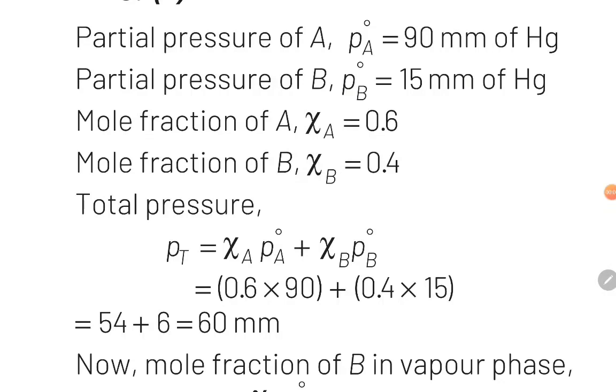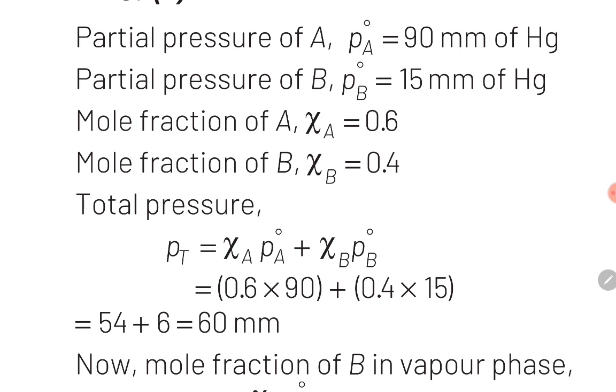Yes students, आप यहाँ observe कर सकते हो that mole fraction of A in the solution has been given as 0.6 and therefore mole fraction of B in the solution will become 1 minus 0.6 which is equal to 0.4. Guys, once we know the values of XA and XB, we can calculate total vapor pressure above the solution by the equation XA into P naught A plus XB into P naught B. Guys, यहाँ पे हम लोग बस दोनों components के vapor pressure को add कर रहे हैं और इससे हमें total vapor pressure मिल जाएगा.